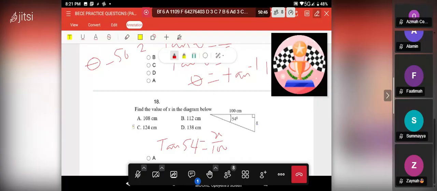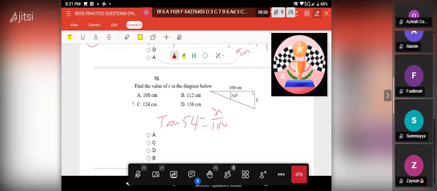You cross multiply. x is equals to what is tan 54? 1.376. 1.376 multiplied by 100. That is 1.38 approximately. Do you agree? Yes, sir. And that is this option.